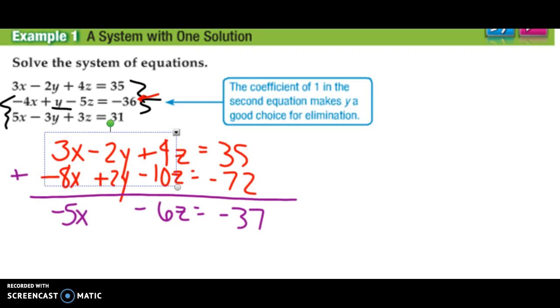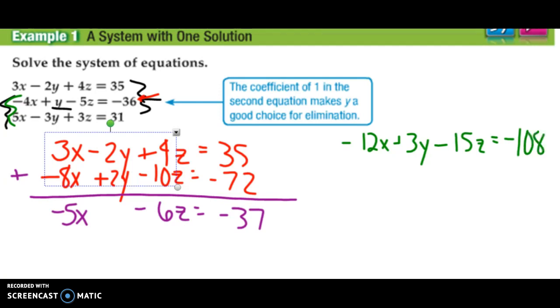Now what I can do is I'm going to look at the second two, and I'm going to eliminate the y from that one. Now the first equation, since it's positive 1y, I'm going to multiply everything by 3. So I get negative 12x plus 3y minus 15z is equal to negative 108.